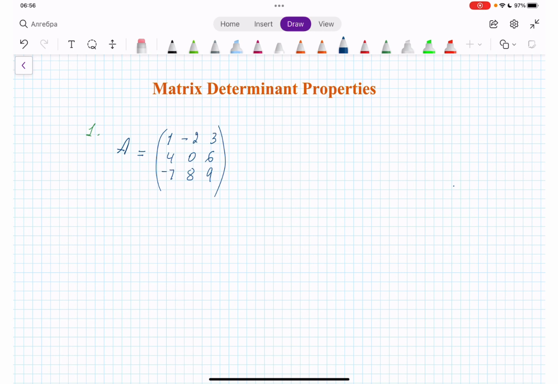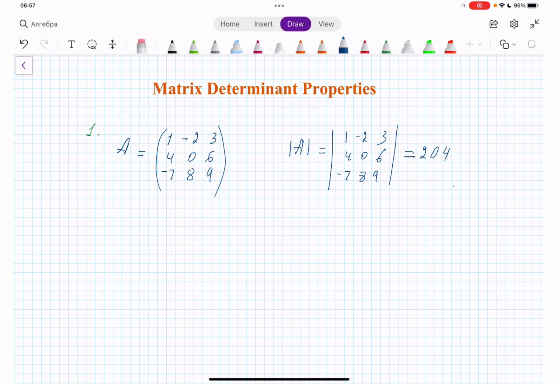The determinant of this one is 1, -2, 3, 4, 0, 6, -7, 8, 9. I'm not going to show the process. It's equal to 204. If you are interested, you can look at the video on how to find the determinant of a matrix.